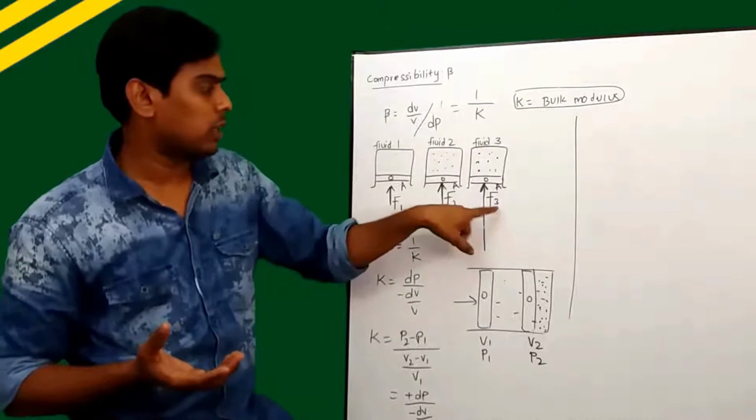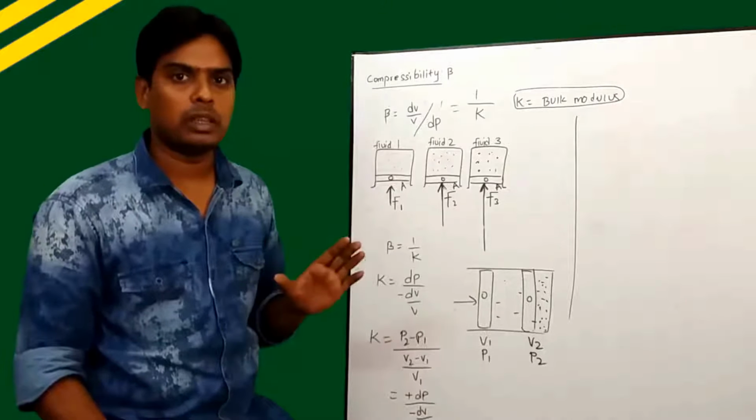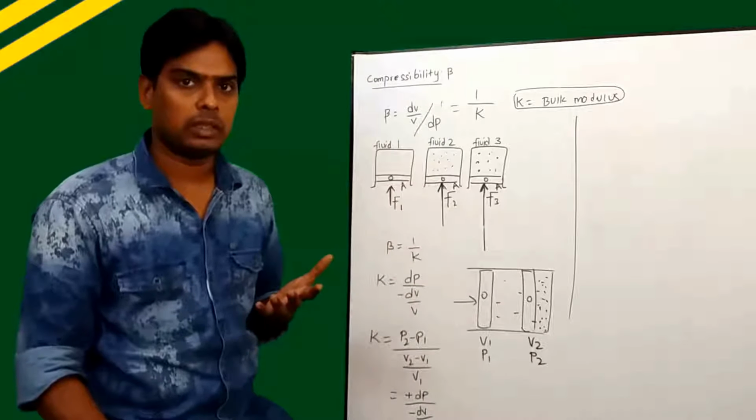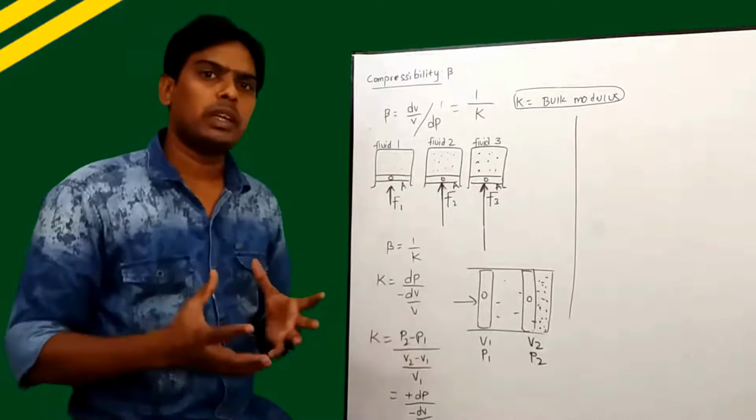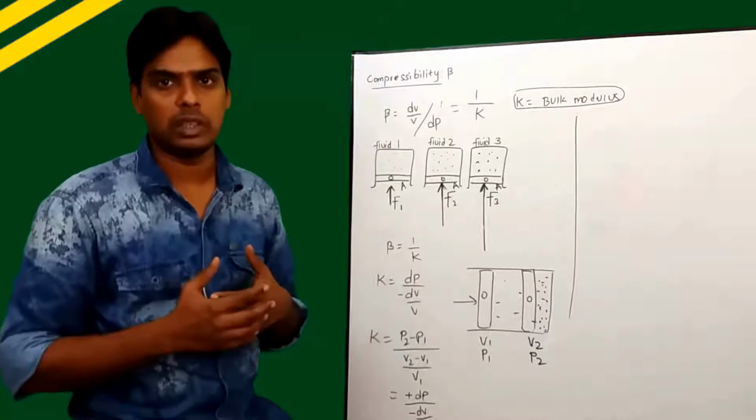The third one requires the highest force. It is all because of the fluid inside having different compressibility. So one fluid gets compressed easily, another fluid will not compress easily.